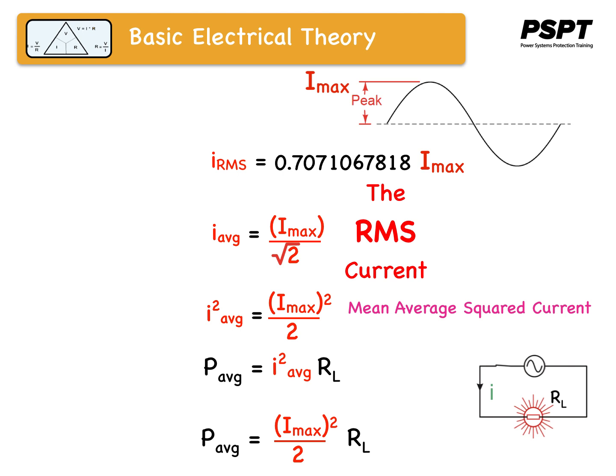However, a quick value is 0.71 I max. So if you want to find the RMS value for the current, you just take the peak value or the maximum value of the sine wave and multiply it by 0.71, and you would have a pretty close approximation of what the IRMS is.